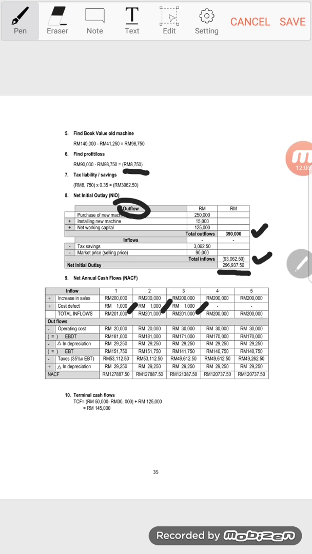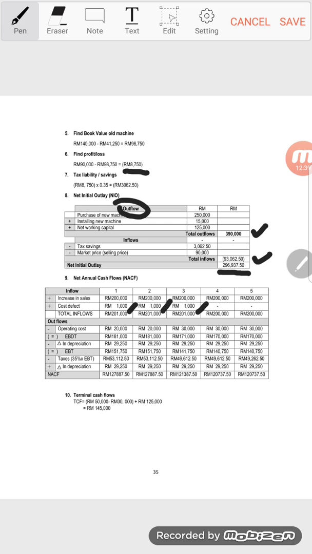However, in year 4 and 5, the total inflows will become only 200,000 ringgit, because there is no cost of defect in year 4 and year 5. So by looking at the total inflows itself, the cash flow is no longer an even cash flow. The cash flows now become uneven cash flow, because it changed during year 4 and 5. Okay, I hope you are clear.